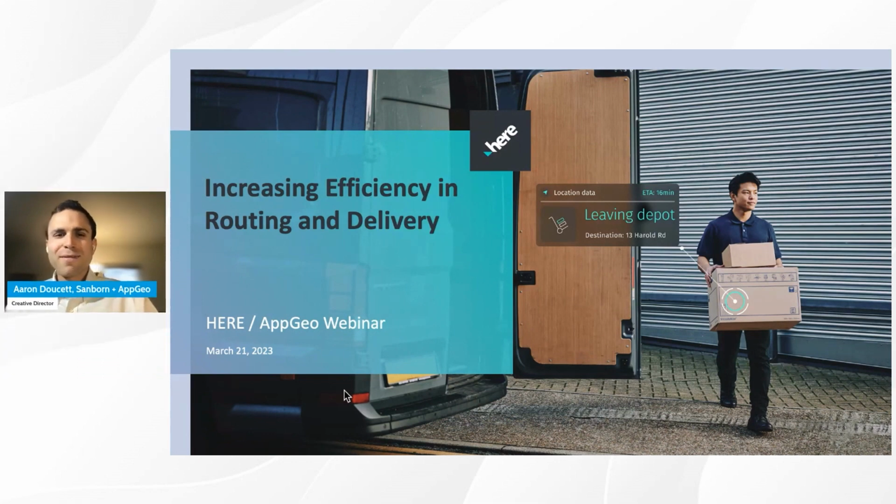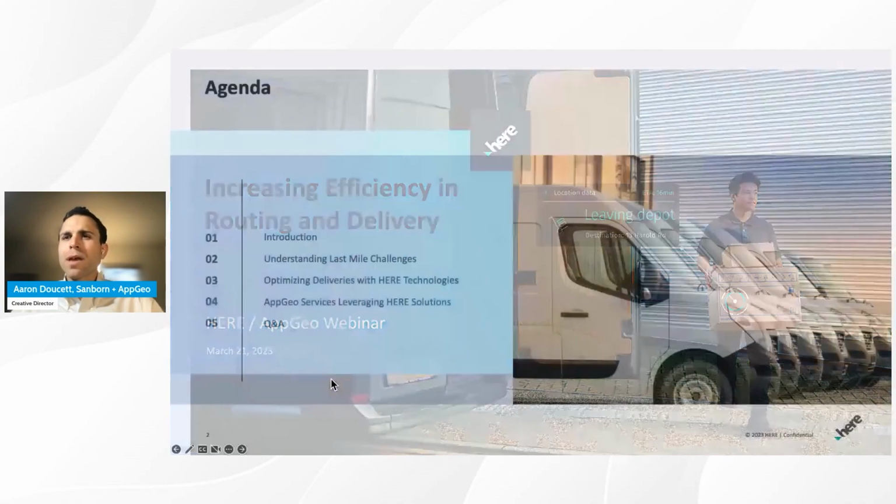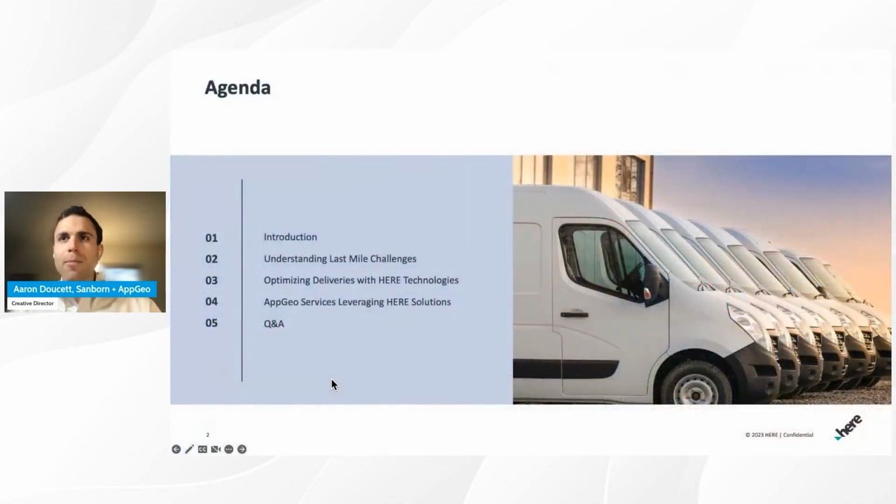Yeah, thanks again, Stephen, for the warm welcome. You're all here for learning about how to increase routing efficiency for deliveries and logistics with HERE and Abgio, as Steve mentioned. I'm going to go through our introduction and welcome pretty quickly, as some of this we heard already. But today we're going to be diving into the real bread and butter behind understanding last mile delivery challenges.